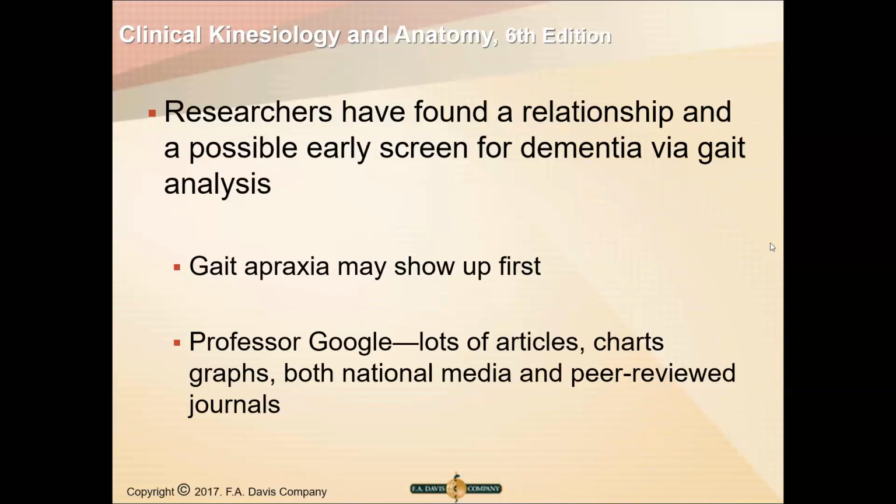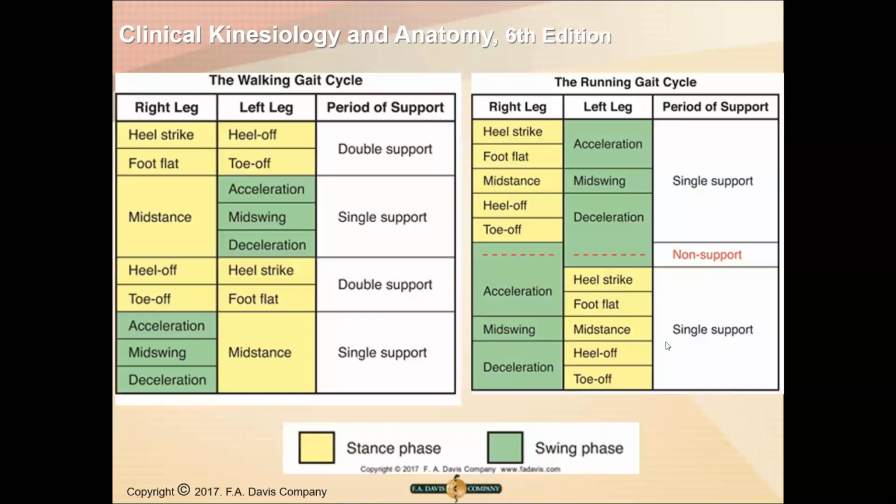Yeah, so we're going to talk about some different gait problems that have examples of apraxia and ataxia in a little bit. All right, so here's that walking cycle again, and when you're in support or non-support. If you're working with a patient and you're trying to get them to understand how bad their gait is, what's a good thing you could do to show them?